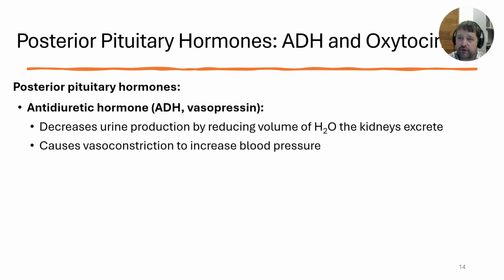This can be very important when you're starting to become dehydrated. The ADH kicks in and increases your blood pressure, but also causes less water to be excreted, and so more water is conserved.